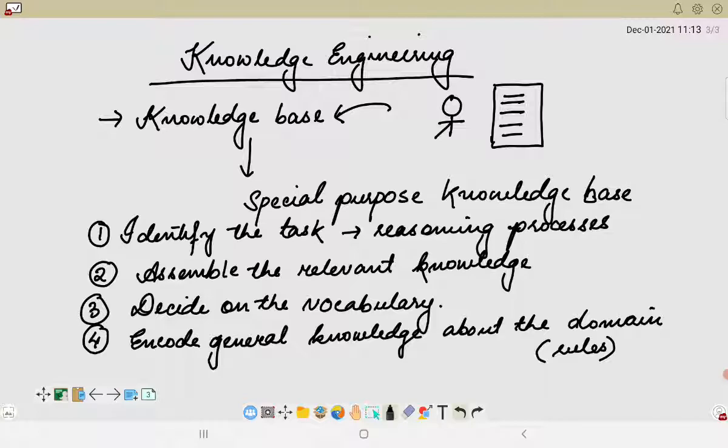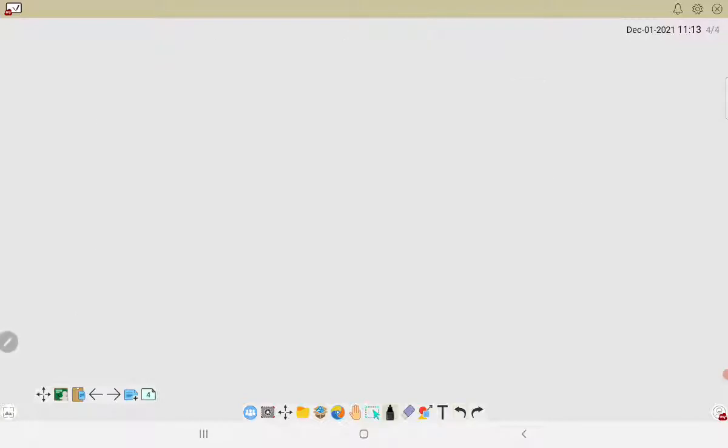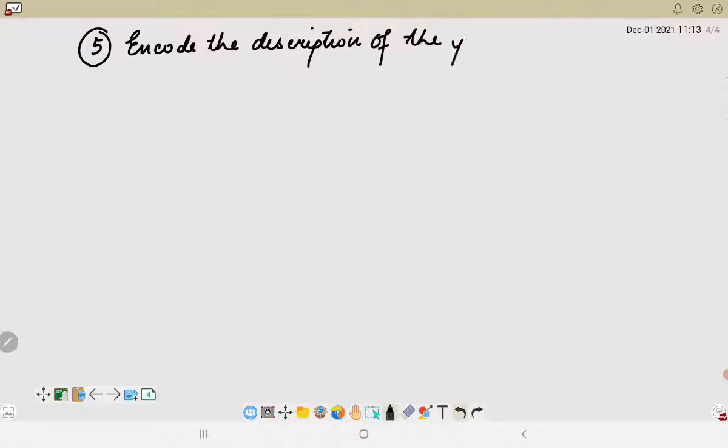Okay, the fifth important point is we have to encode a description of the problem instance. So encode the description of the problem instance.